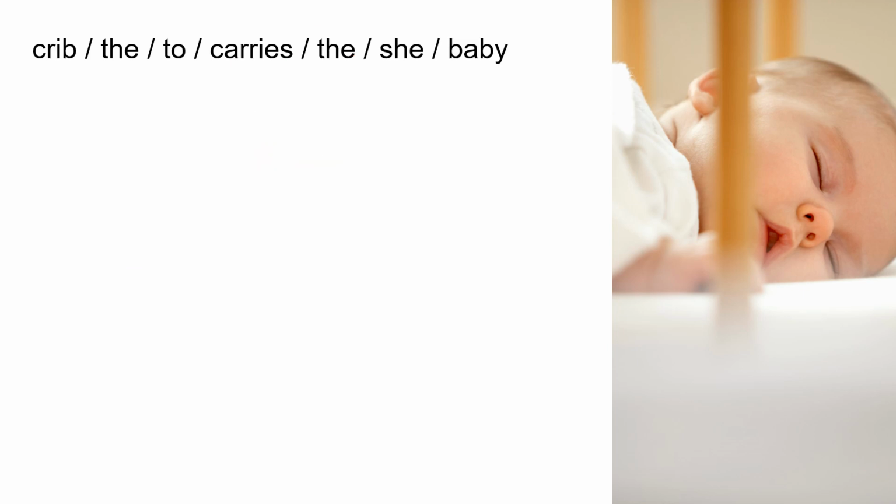Okay, we have: She carries the baby to the crib. And as we know, she is the subject. Carries is the verb. She carries what? Carry is transitive, so you need an object.